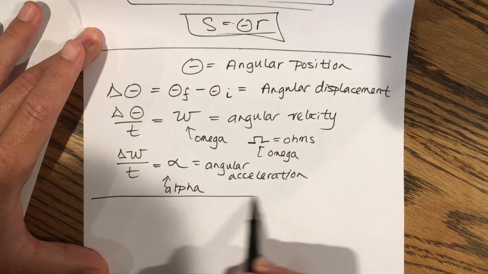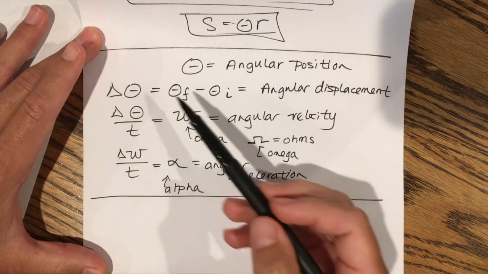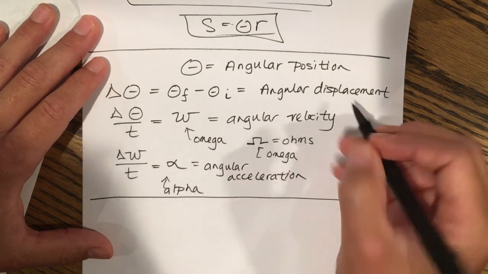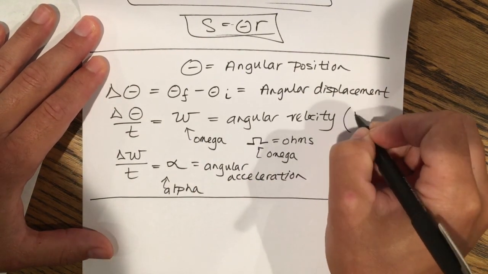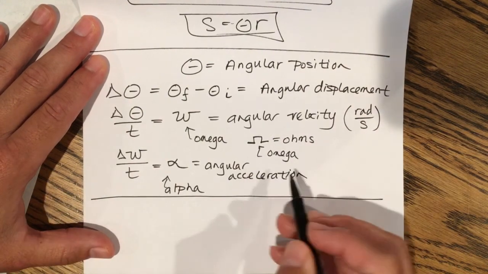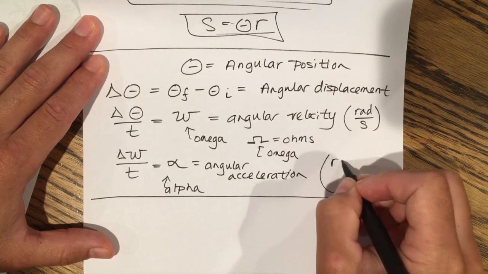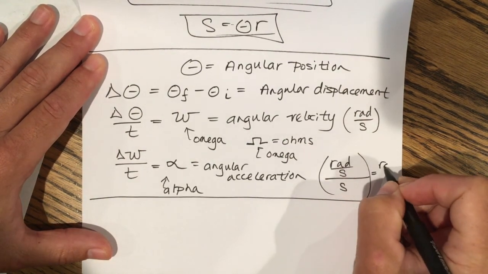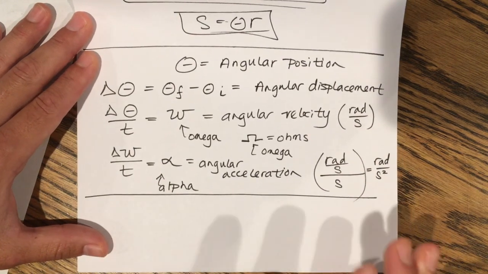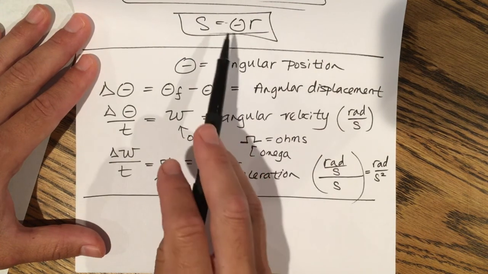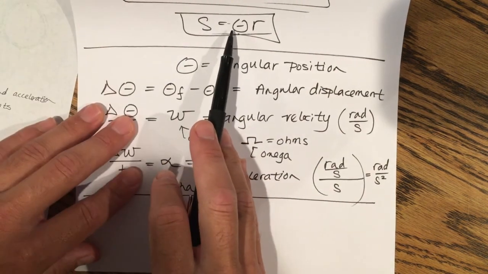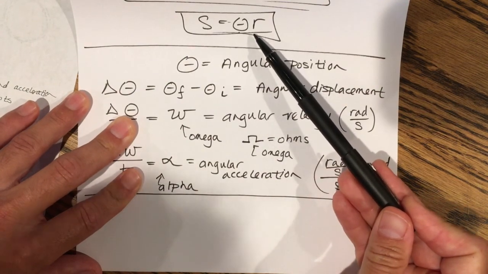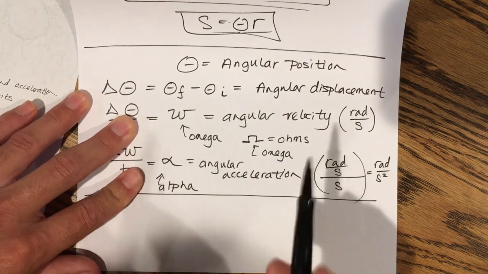What we can see is that because the units for theta are radians, and because the units on, say, angular velocity are radians per second, and in angular acceleration, the units are radians per second squared, we can actually draw this relationship of taking an angular quality and multiplying it by r to get a linear equivalent.